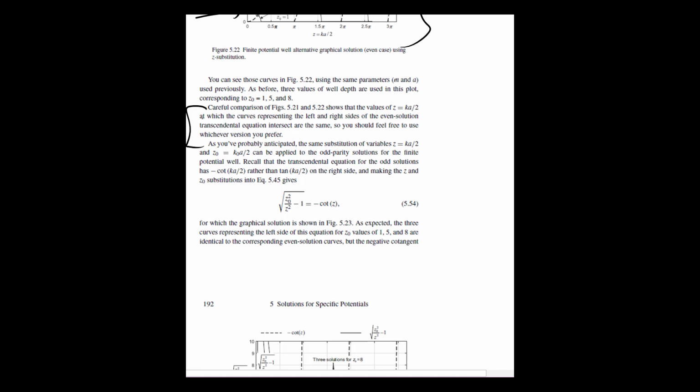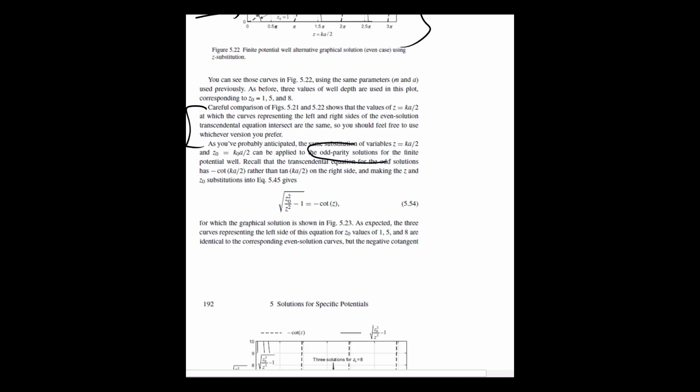Exactly what you'd expect. Now we have these circles for z0 squared minus z squared, exactly like we said, y is equal to the square root of r squared minus x squared. So the radius of our circle is going to be z0, and the x-axis is going to be z. So this is the z version of the alternative graphical solution for the even case, just as we had before. You can use whichever version you prefer.